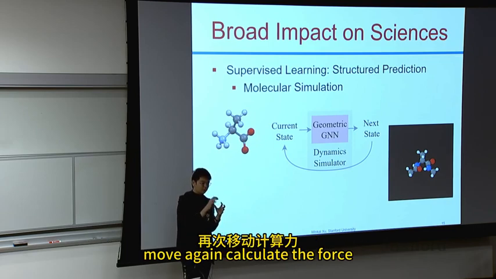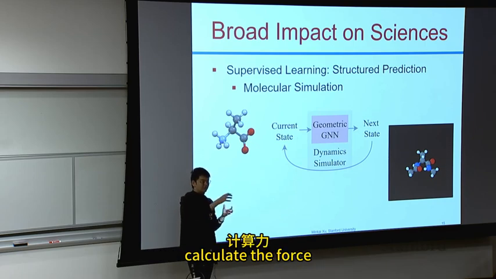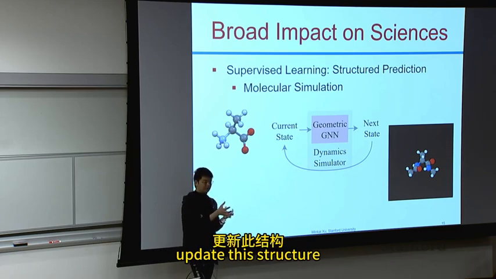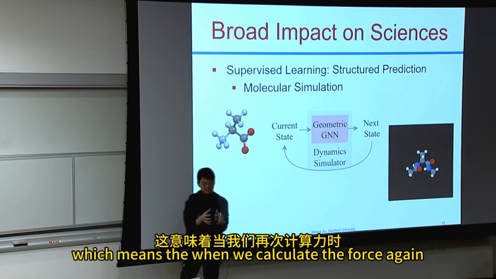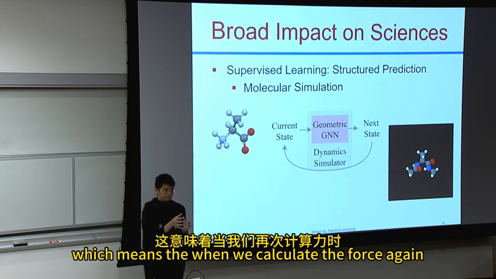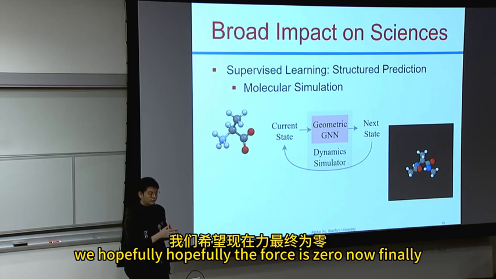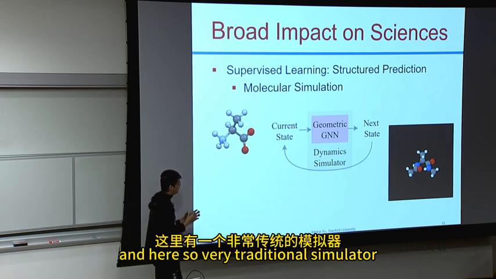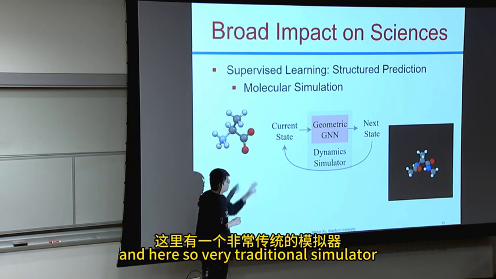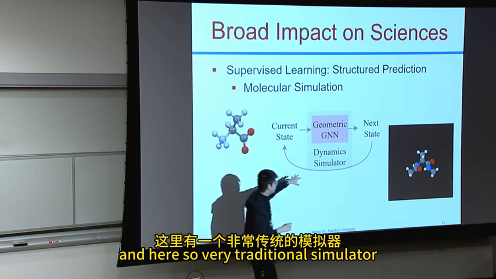We move, calculate the force again, move the structure, calculate the force, update the structure. Finally, we hope that when we calculate the force again, the force is 0, which means we get a stable structure. And here, a very traditional simulator.